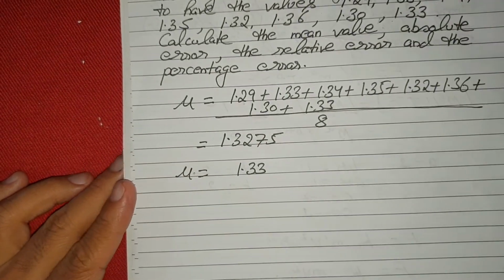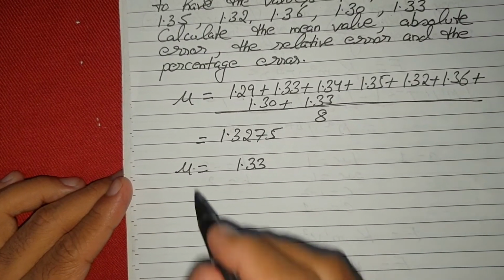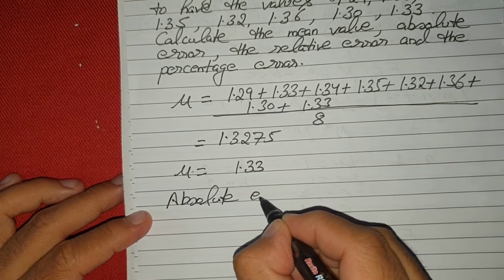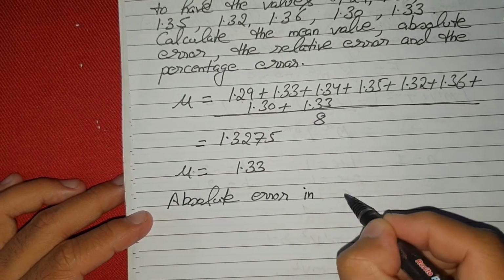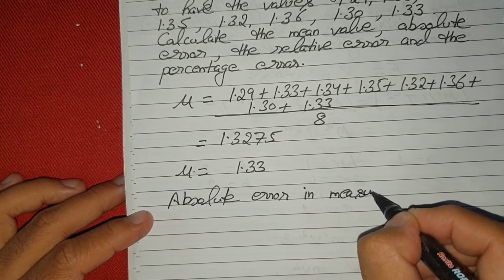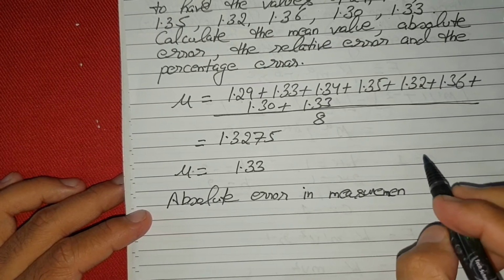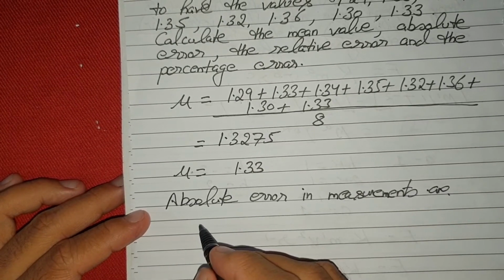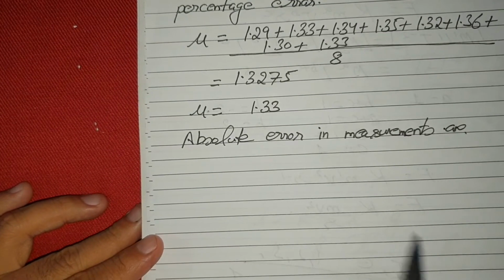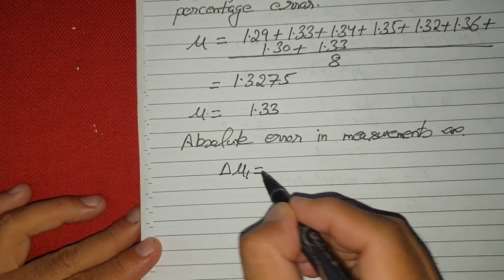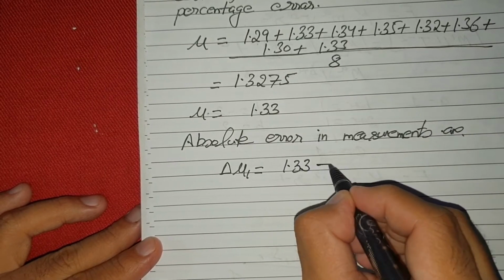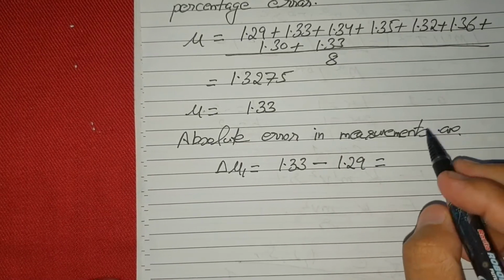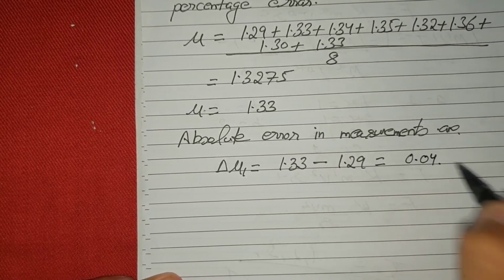The absolute errors in the measurements are represented by delta mu 1, which is 1.33 minus 1.29, which is 0.04.